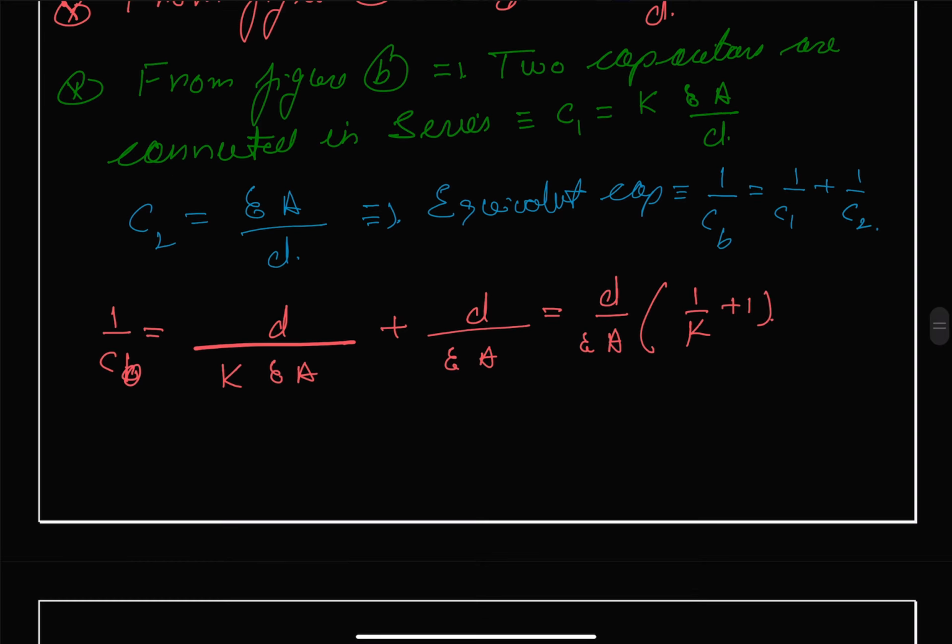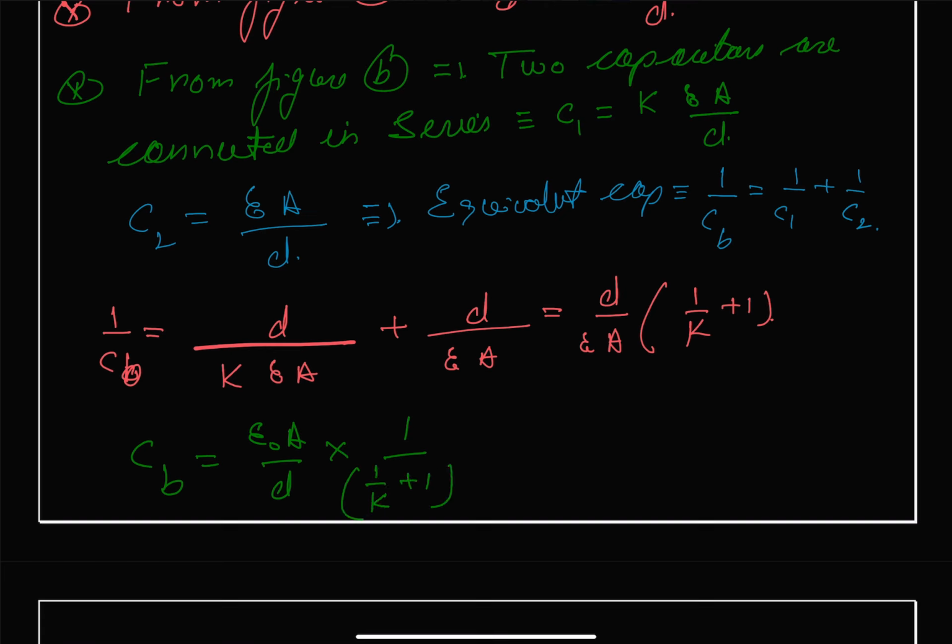Therefore, CB will be equal to epsilon naught A upon D multiplied by 1 upon K plus 1.